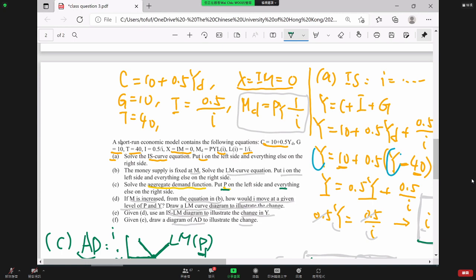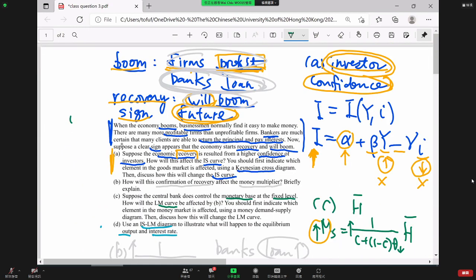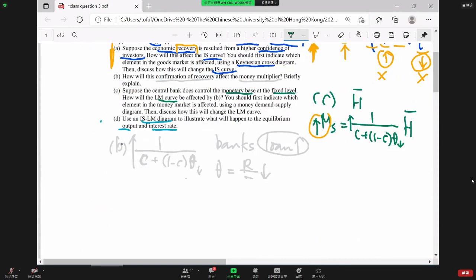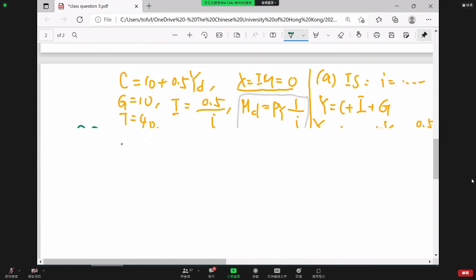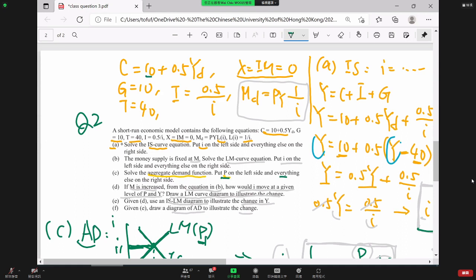So for this optional question, I will not present the answer in class, but the design of question 3, here this is question 2, this is question 1, is basically completely the same as question 2. Question 2, I already do it for you. Question 3 is almost completely the same, but just that we replace the actual number with some parameter value or variables.